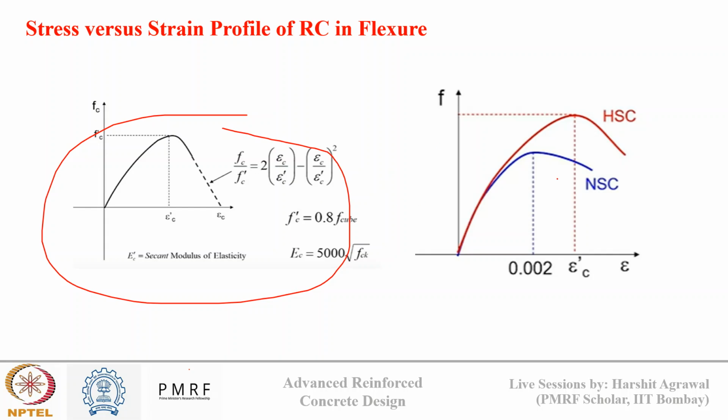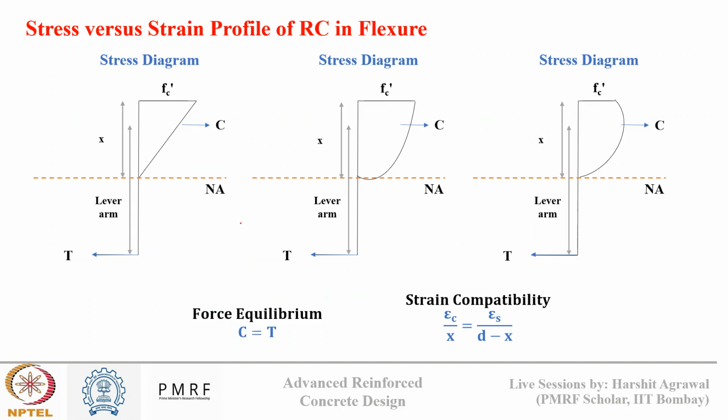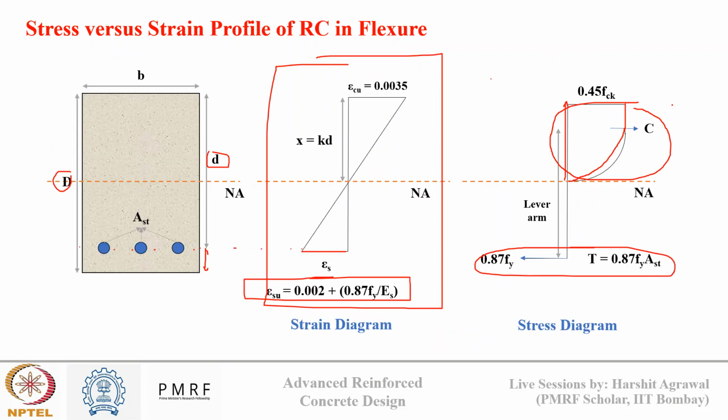If we go with this experimentally derived stress curve, then the stress block in the compression zone will vary based on the strain in concrete. The shape of the stress block will depend upon the strain limit, up till what strain we are coming here.